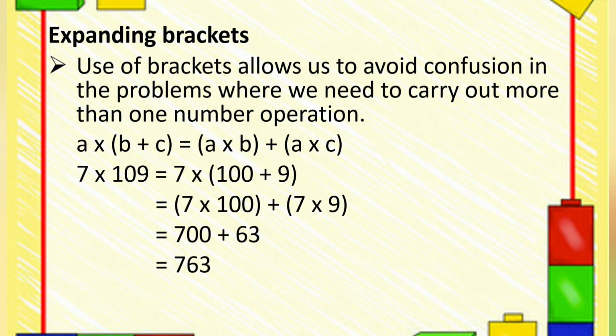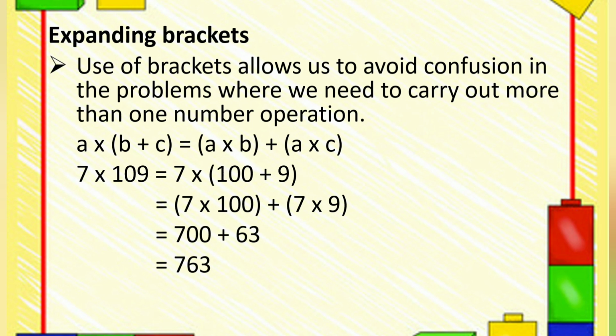Expanding brackets. Use of brackets allows us to avoid confusion in the problems where we need to carry out more than one number operation. A multiplied by (B plus C) is equal to (A multiplied by B) plus (A multiplied by C).